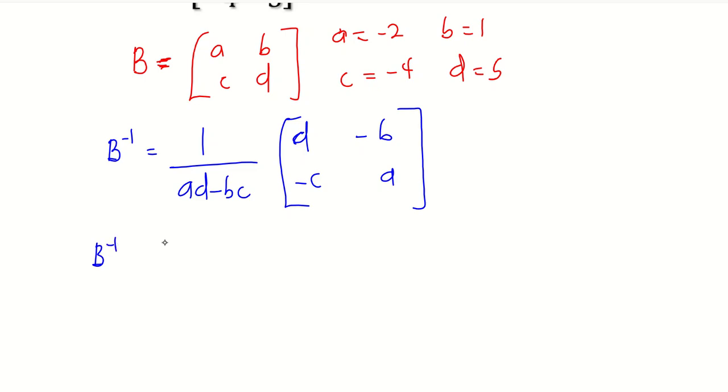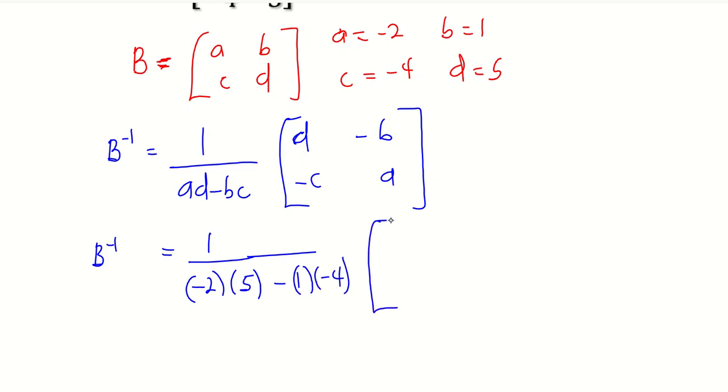We have B inverse equal to 1 out of, now our a here is minus 2 and our d is 5, minus our b is 1 multiplied by c, minus 4, and we have our adjoint as d, that is 5, and b, 1, and now we have minus 1 from this one, and c is 4, but there is an existing minus here, so it becomes minus 4, and we have a to be minus 2.